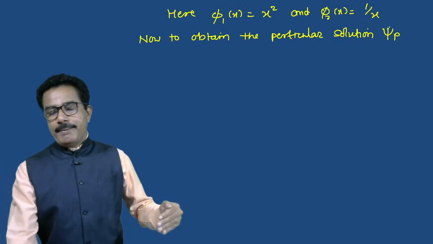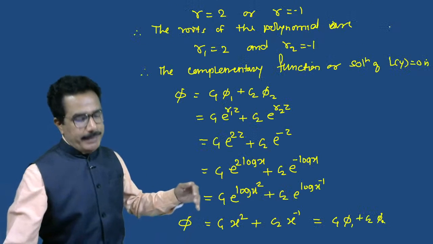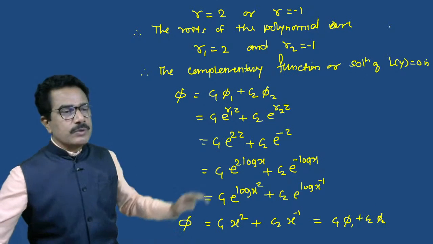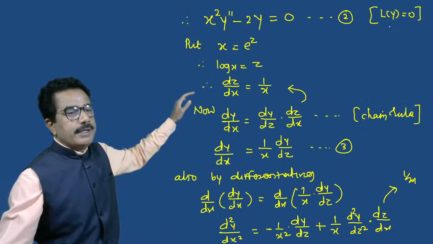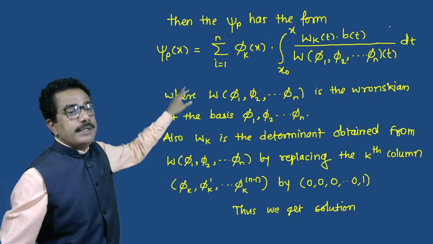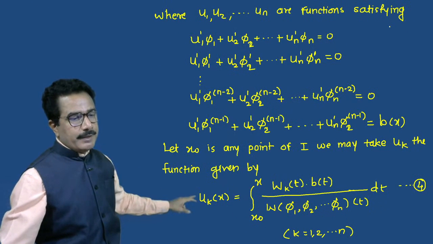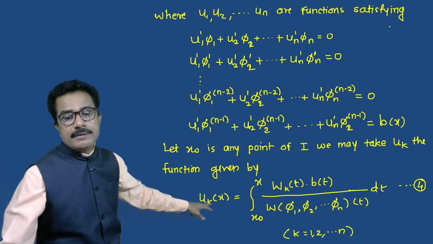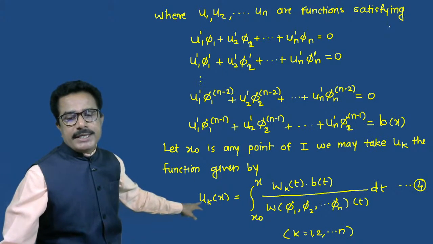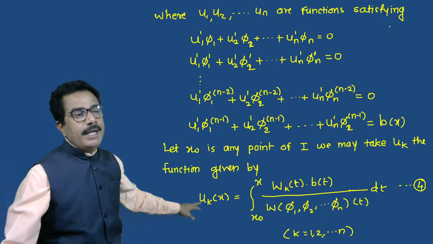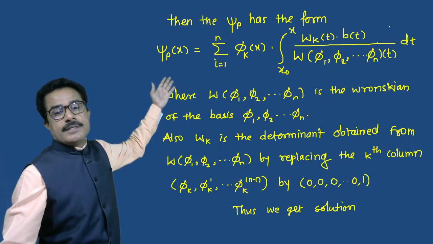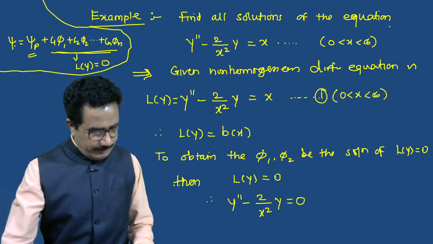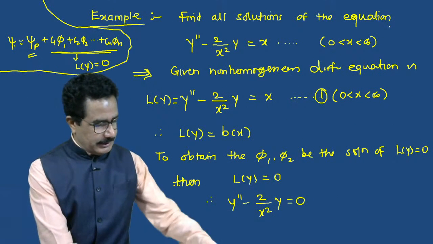What do we have to do now? We have to find the particular solution Psi-P. So look here, if you want to find the particular solution Psi-P, you can find it this way too. First of all you have to calculate uk by using this integral. By using this integral you can calculate uk and then you can calculate Psi-P. But we have to use another method. Now what do we do, we use the second method, the shortcut method.